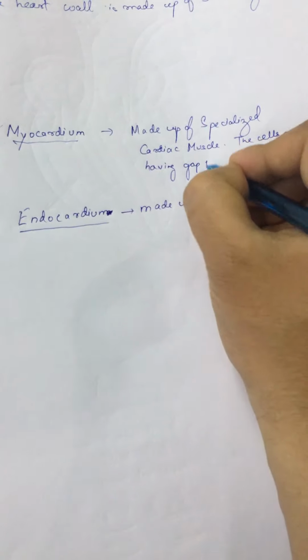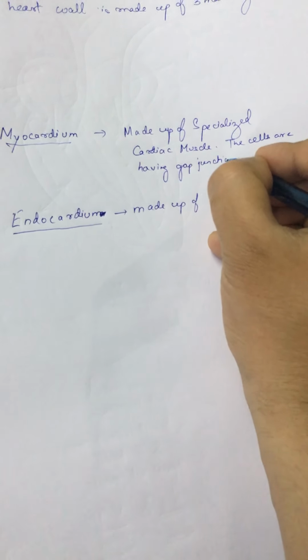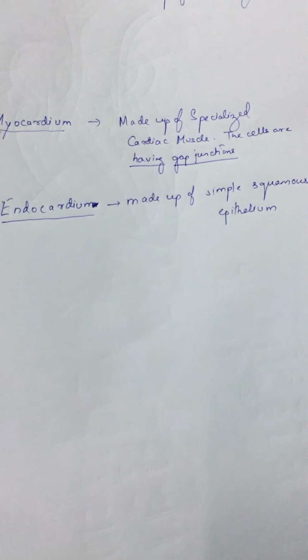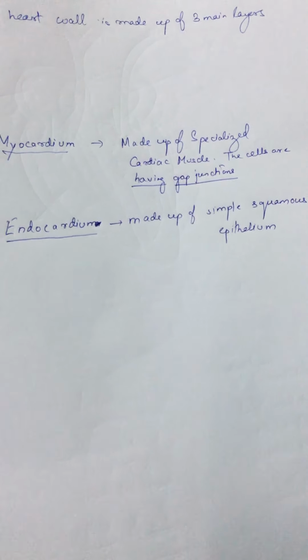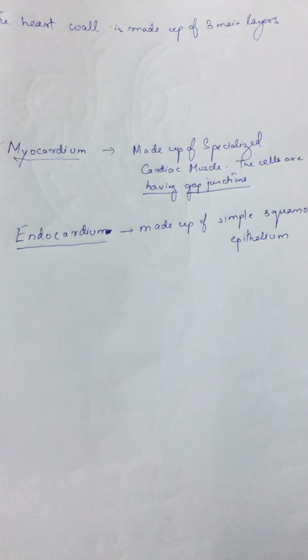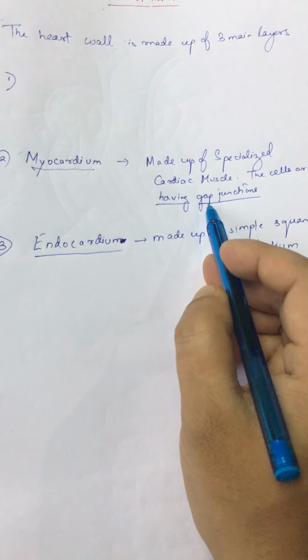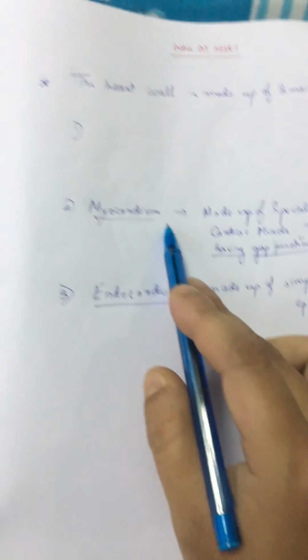Gap junctions mean there can be a flow of ions or some substances between two cells of the myocardium layer. You will get to know the significance of these gap junctions while discussing the conducting system, because they help in the inflow of ions, which helps in the generation of impulses.